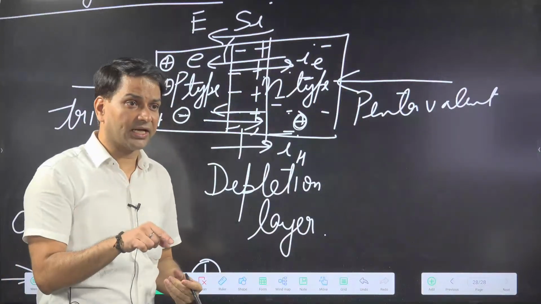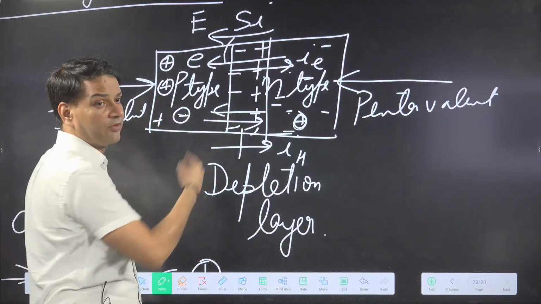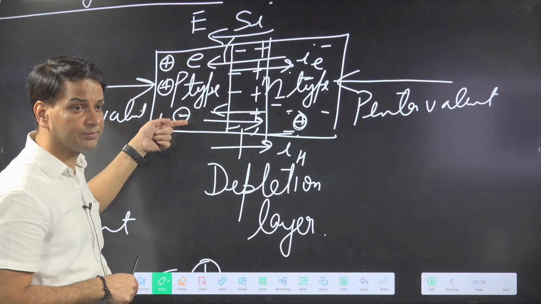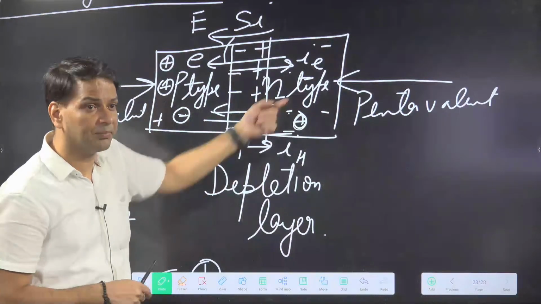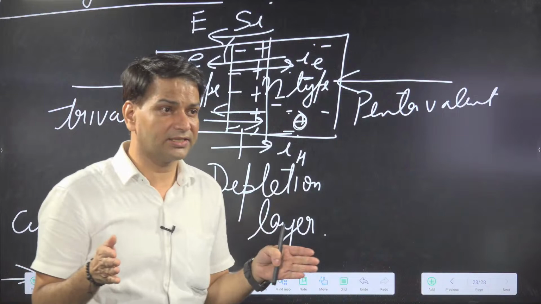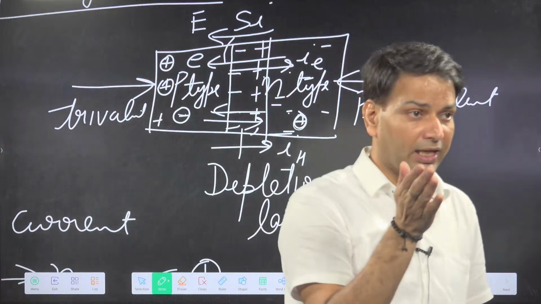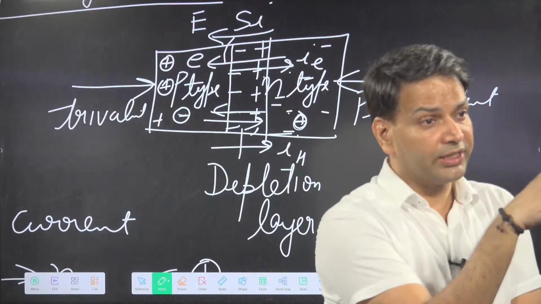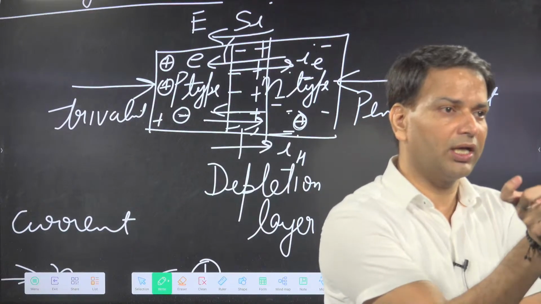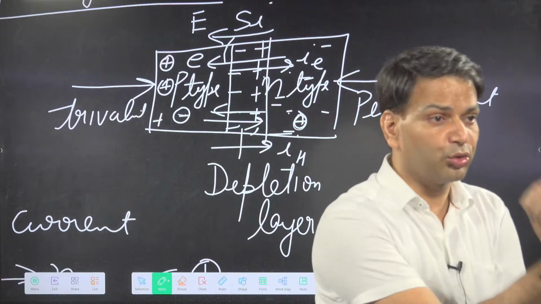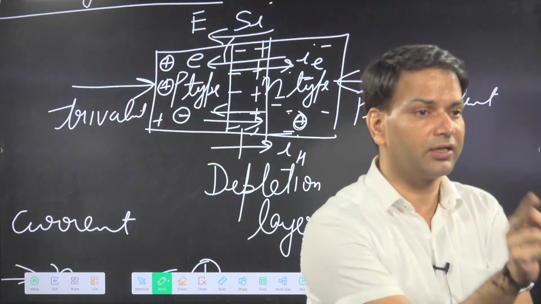But minority carriers, if the electric field is directed here, this electron will experience the force towards the N type, and this hole will experience the force towards the P type. So minority charge carriers will start moving, hole from N to P and electron from P to N. The current flowing due to the minority carriers, due to the electric field, that current is called the drift current.